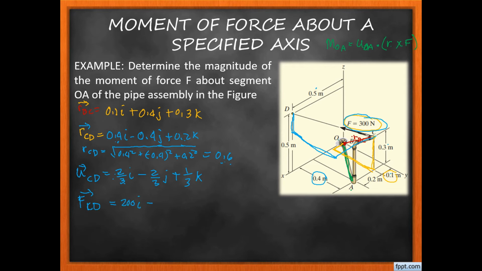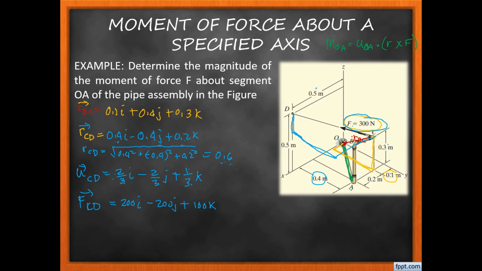Then this is also 200j, kasi same silang 2/3, plus 300 times 1 divided by 3, so that is 100k. Okay, so ito na yung ating FCD in force directed along the line natin, para sa ating force na 300 Newton.